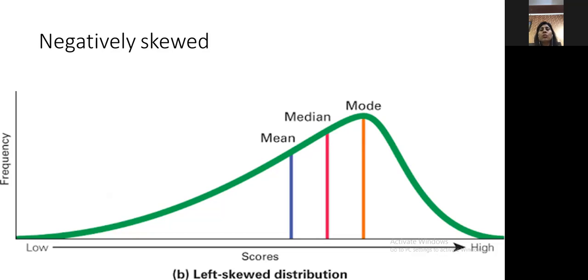Whenever the distribution shows distortion and the tail of the curve is extended towards the left side, that shows negative skewness. And here the value of the mean is smaller than the value of the median and mode. This is called a left skewed distribution or negatively skewed distribution. This is the curve of a negatively skewed distribution.